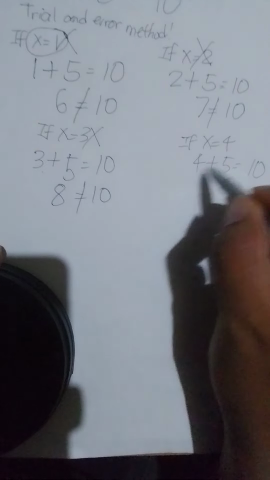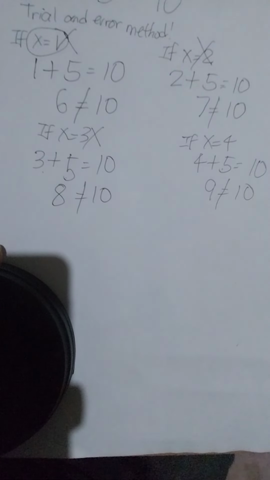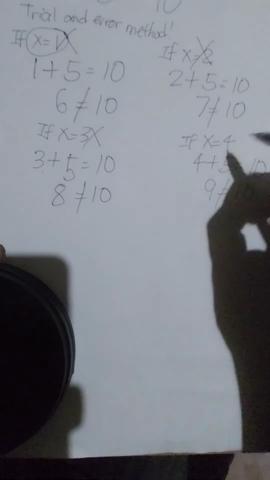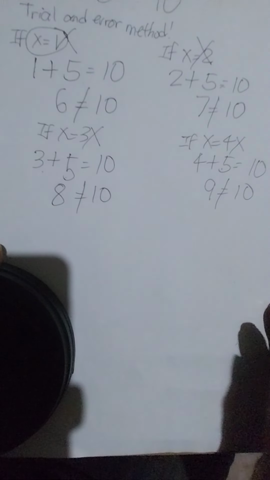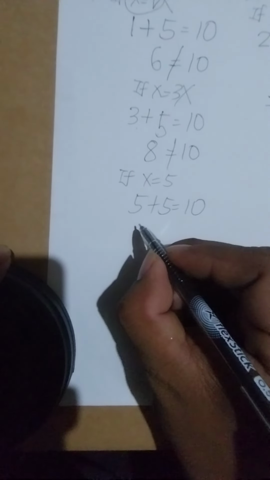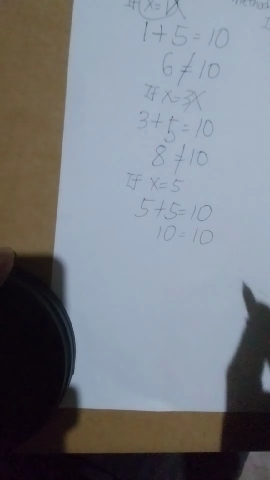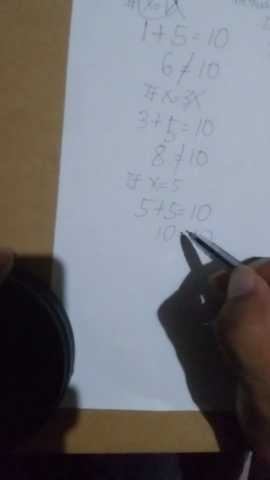4 plus 5 equals 9, and 9 equals 10 is still not equal. So x equals 4 is not the correct answer for the value of x. Now if x is equal to 5, if we substitute the value of x as 5, let's try 5 plus 5 equals 10. It is equal now.